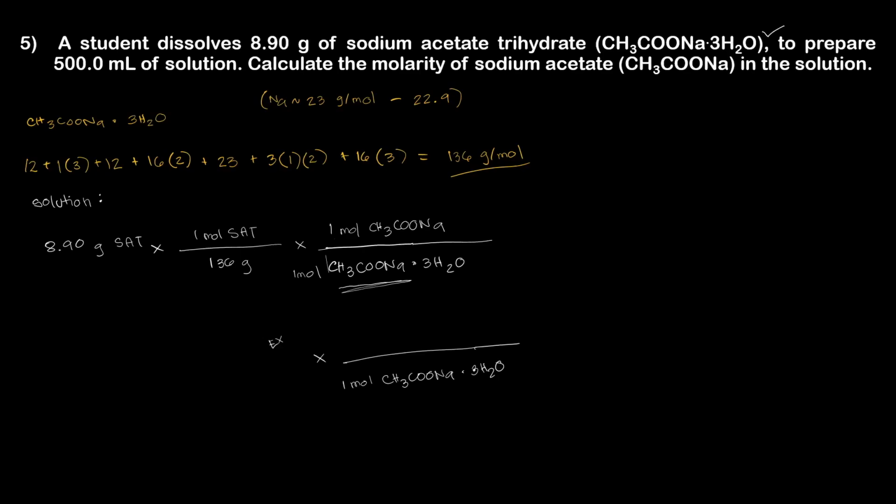How many moles of water do we get? There's 3, because there's 3 H2O, so we need 3 moles of H2O. Just like that. So this is simply a 1-to-1 ratio. This is just an example. You have to get it.